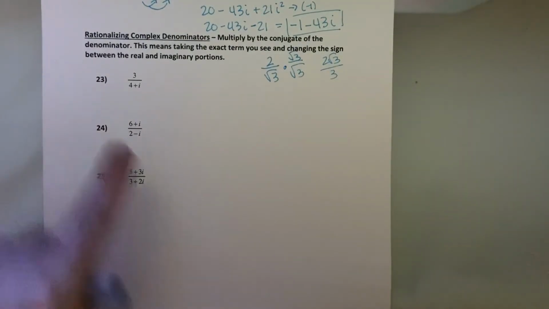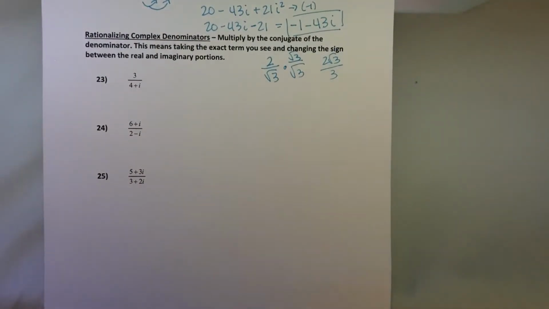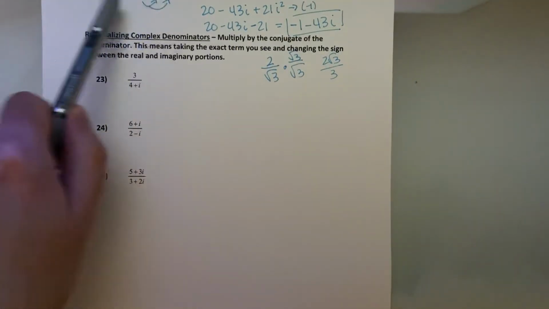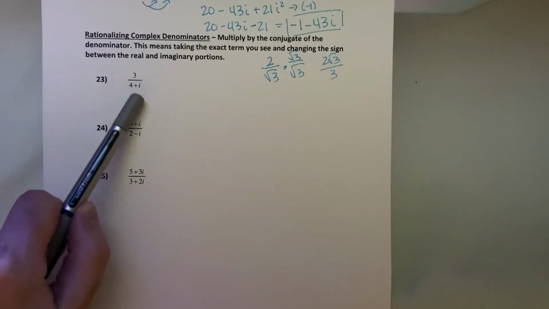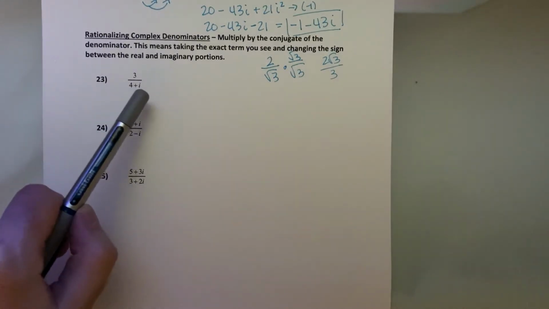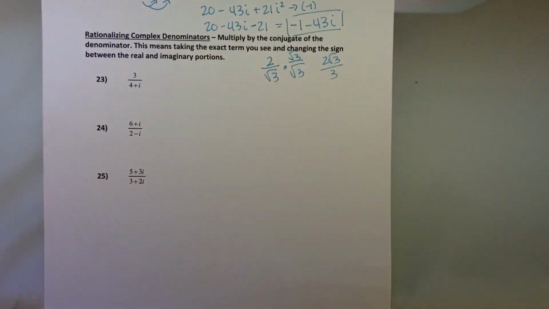That doesn't work when there's a whole number and a square root in the denominator, because as you can see, if I get rid of the i by turning it into an i squared, then I have a 4i there by multiplying the i and distributing. So we have to do what's called multiplying by the conjugate, which is the same strategy for square roots.